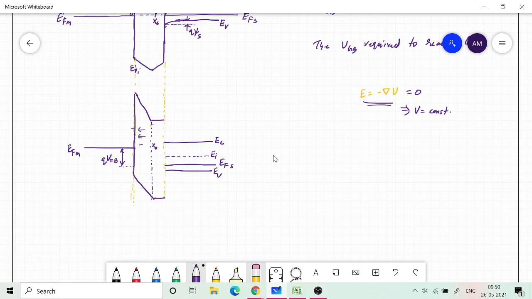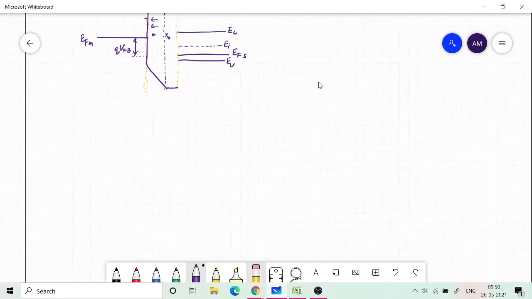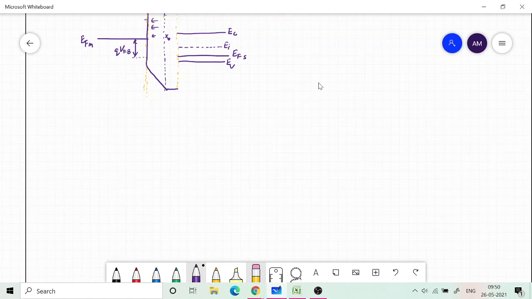This is the direction of electric field, and therefore the entire voltage has to be dropped across the oxide, so this is like increasing the earlier voltage. So if I draw the electric field and the charge distribution, the charge distribution is something like this. I have at x0, as before, Qox.